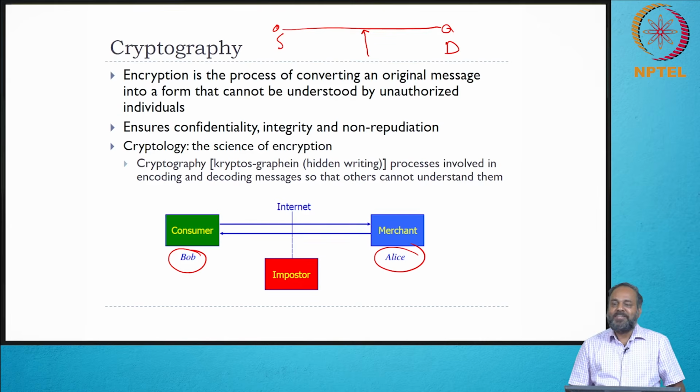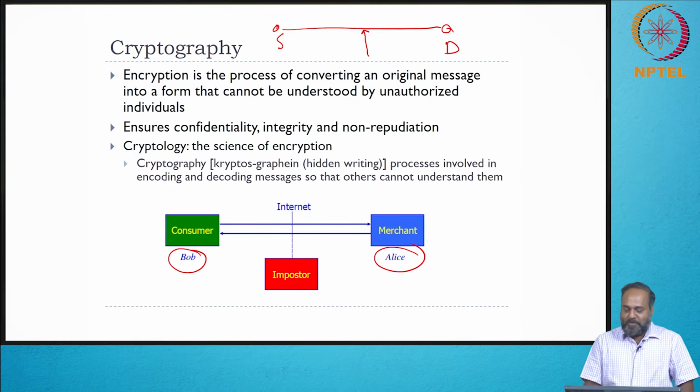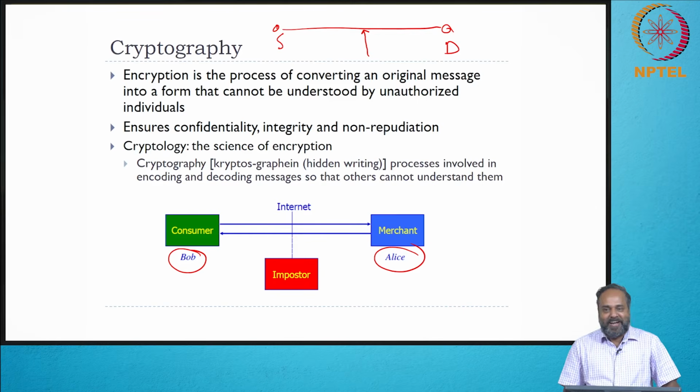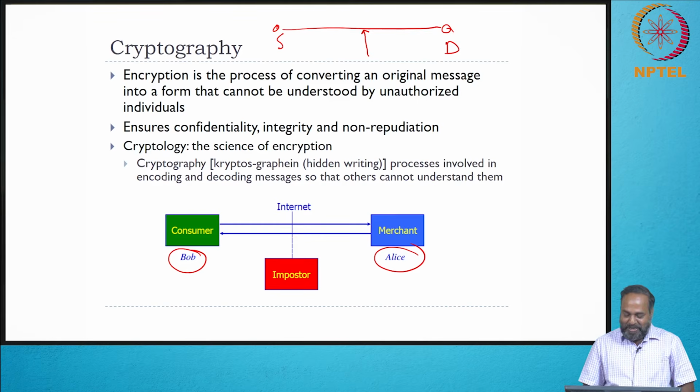He does not want anybody else to receive that message, only Alice, probably a Valentine's Day message. But somebody is very curious, a jealous guy, who wants to actually see what Bob is sending to Alice, and that is a problem. That is something that should not happen.